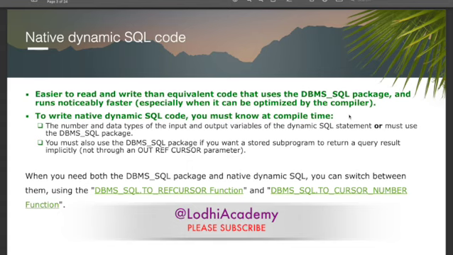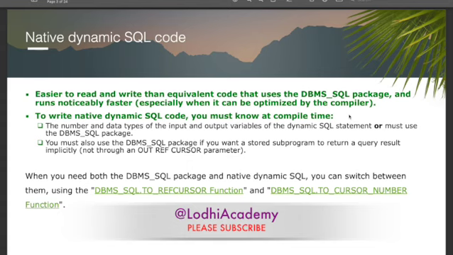by the compiler. However, to write native dynamic SQL code, you must know at compile time the number and data types of the input and output variables of the dynamic SQL statements.